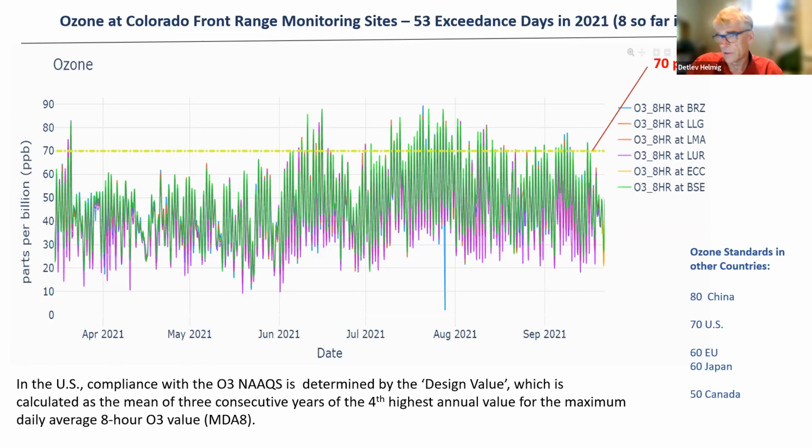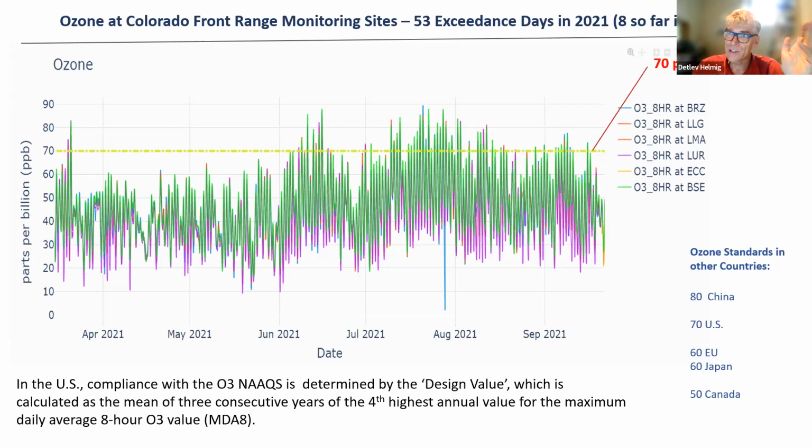It's very different than in other countries. And also this health threshold value is higher than in other countries. So it's 70. Actually, even 70.9 is still in compliance. 70.9 is still not an exceedance. The way it's considered, it actually needs to be 71.0.